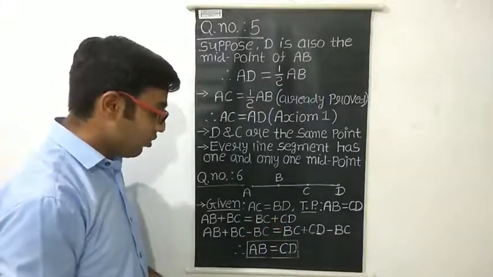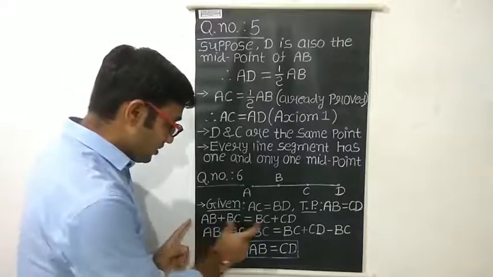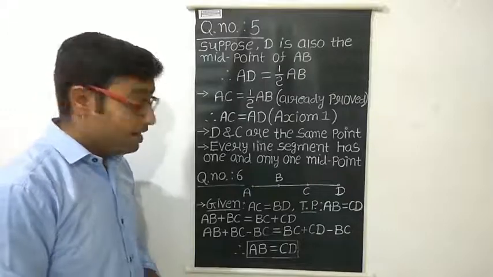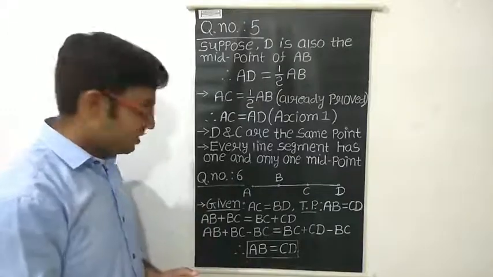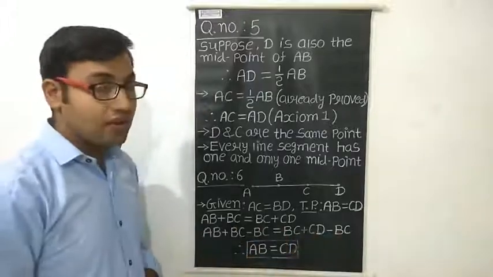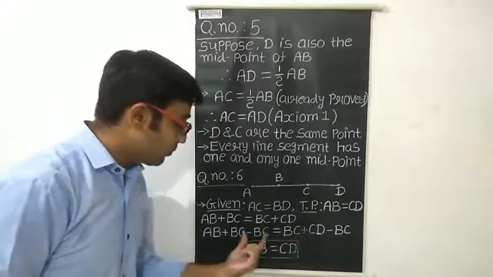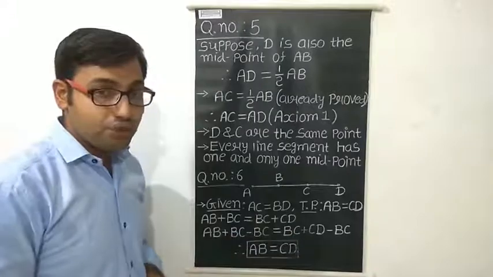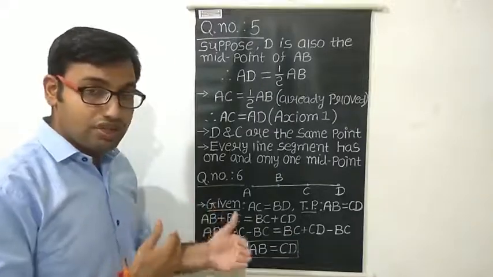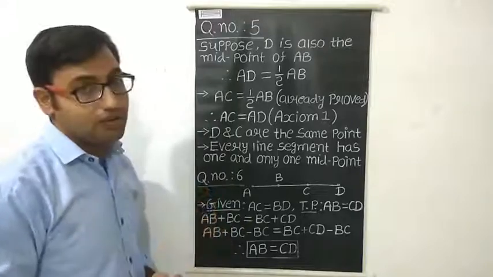Now you can notice that on both sides, BC is common. Then what will happen if we subtract BC from both sides? Remember the axiom, right? If we subtract equals from both sides, then the remainders will be equal.